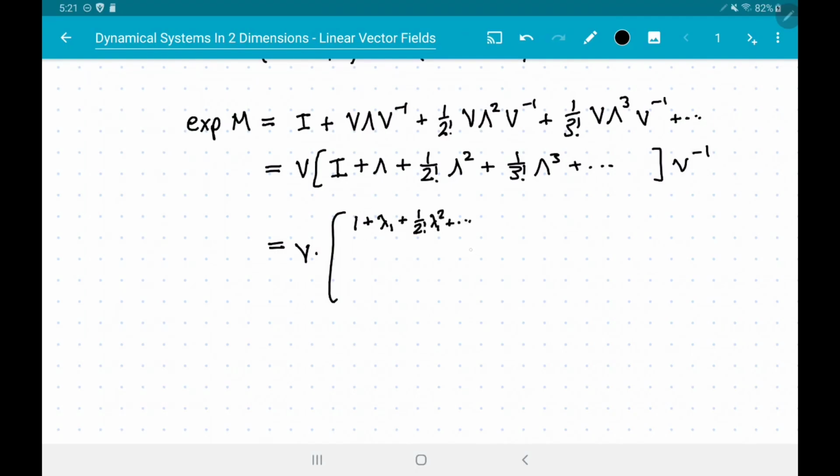The second diagonal entry, I'll get a 1 from here, then a lambda 2 from there, and then 1 over 2 factorial lambda 2 squared from there. And that pattern continues all the way down the diagonal.